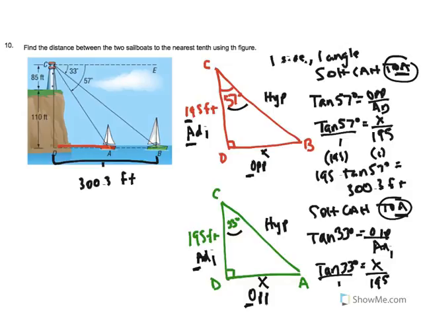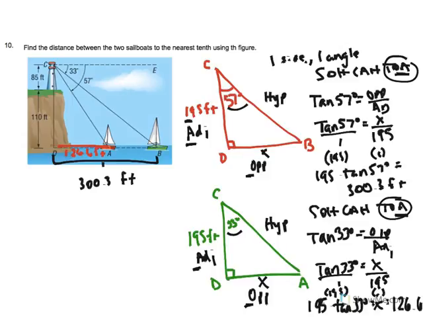I solve, and I get 195 times the tangent of 33 equals x, which is 126.6. So now I get this length here is 126.6 feet.